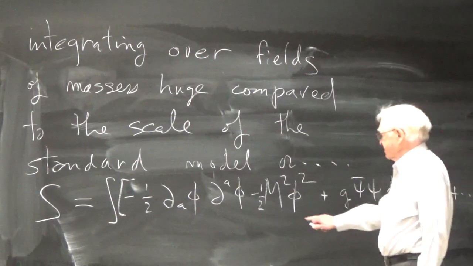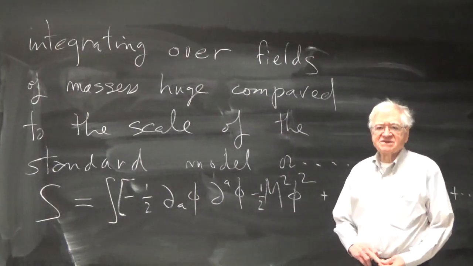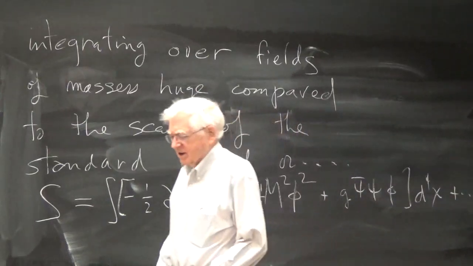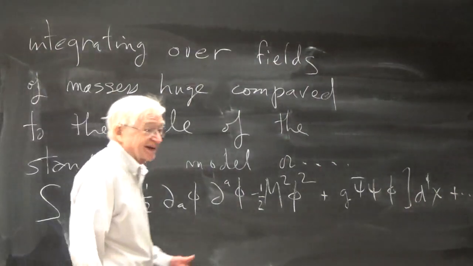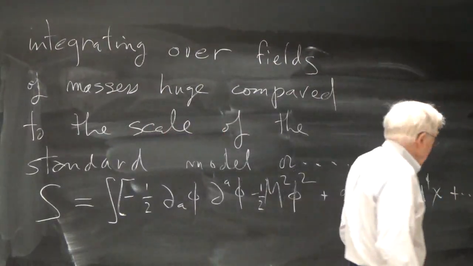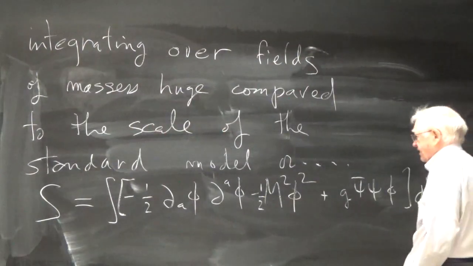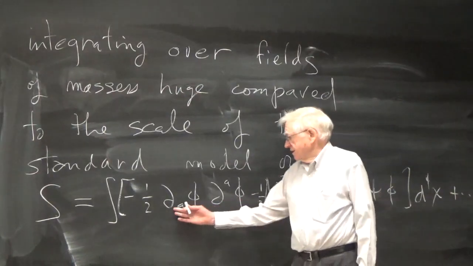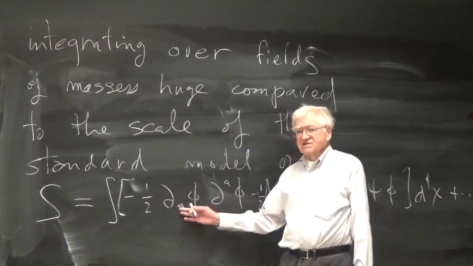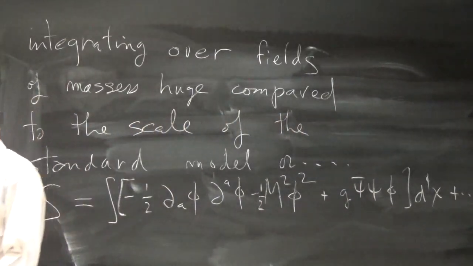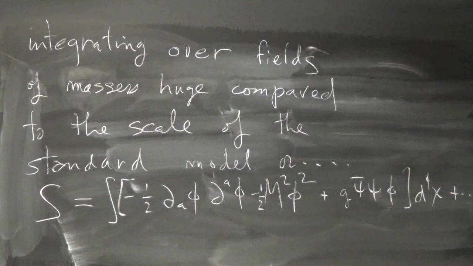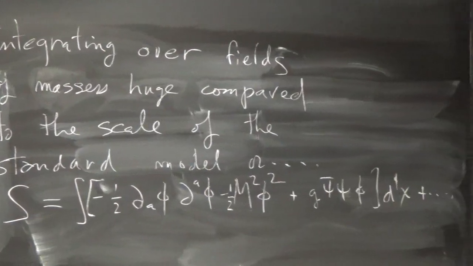And if this mass scale M instead is huge, like 10 to the 15th GeV, 10 to the 16th GeV, or it's the Planck mass, then the momenta that are associated with these derivatives I'm thinking of neglecting those terms compared to M squared.